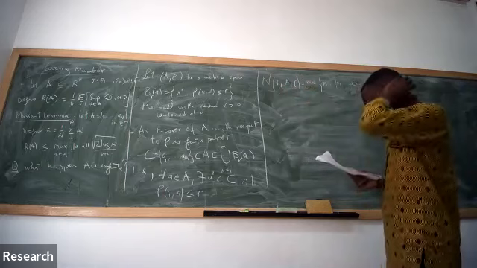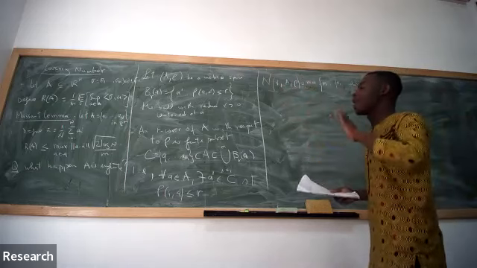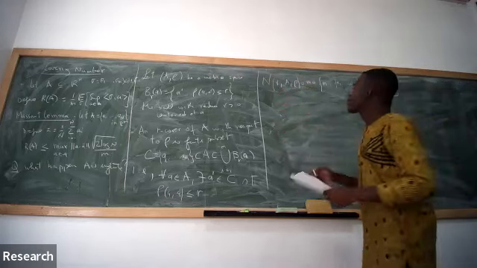It's the cardinal of the smallest C, capital C, that R covers A.